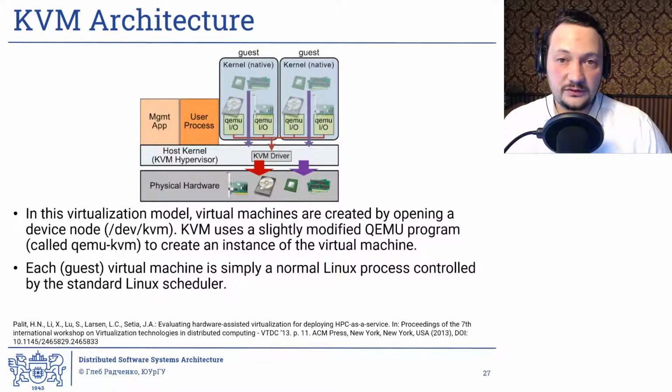In this virtualization model introduced in this slide, virtual machines are created by opening a special device node that has the name /dev/kvm. And the KVM infrastructure uses a slightly modified QEMU program to create an instance of the virtual machine. So you can see here that we have a host kernel. It is basically some Linux operating system.